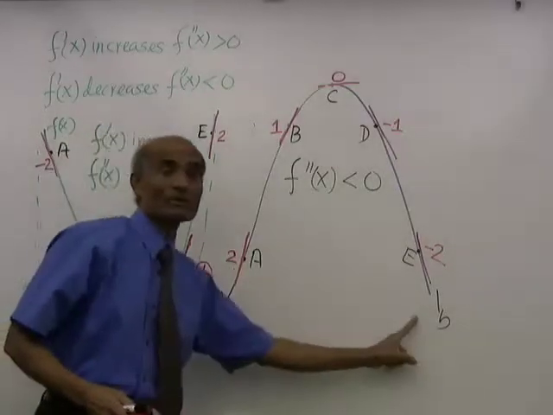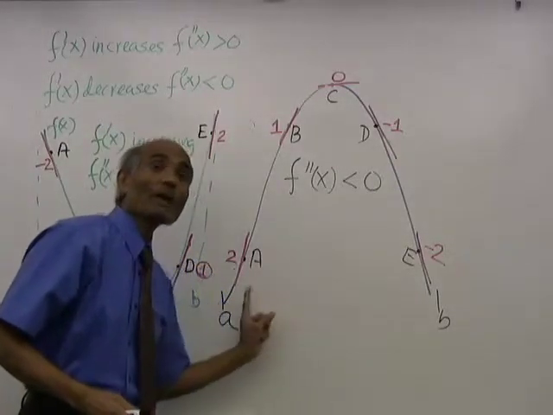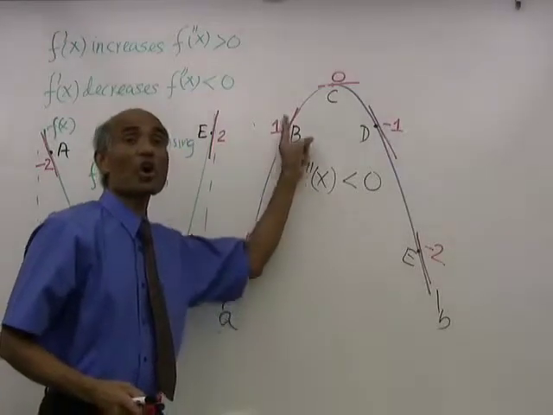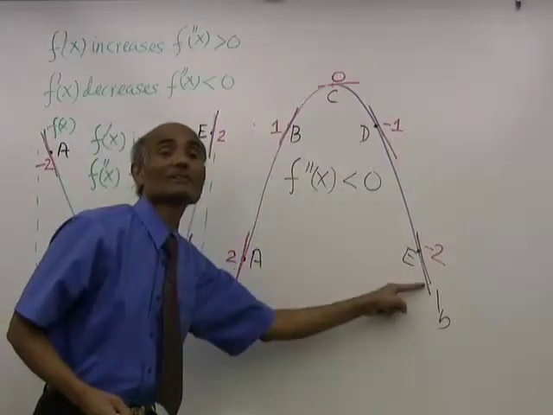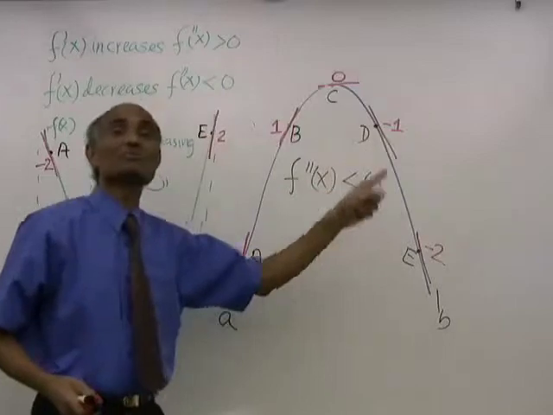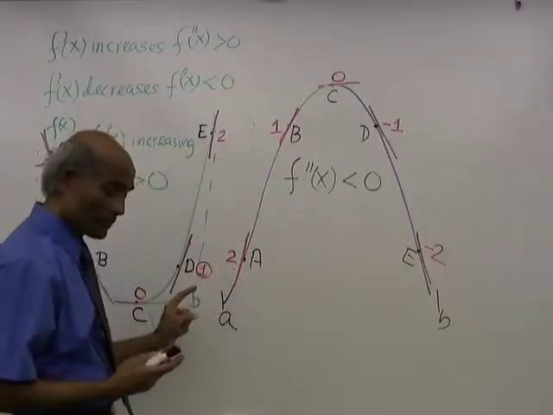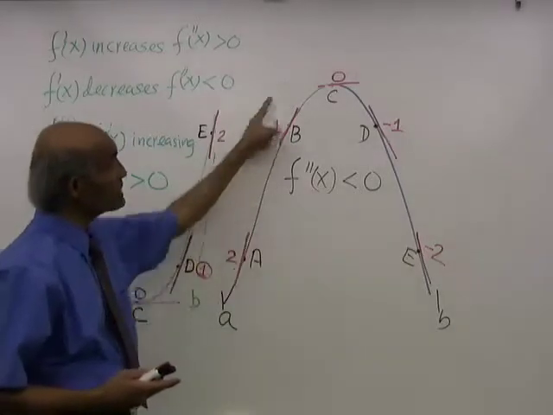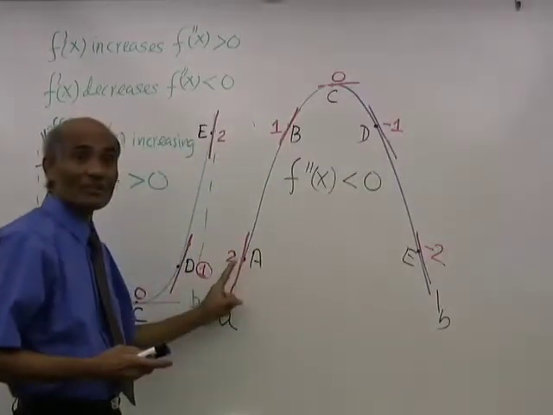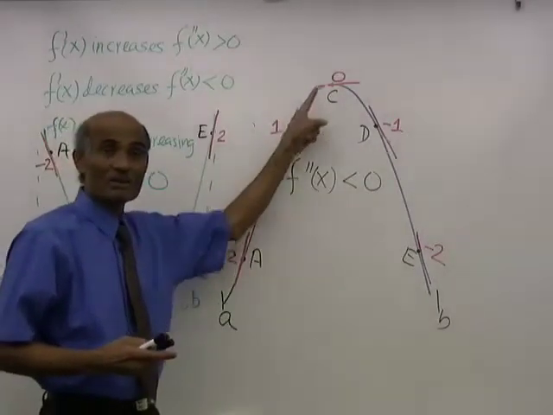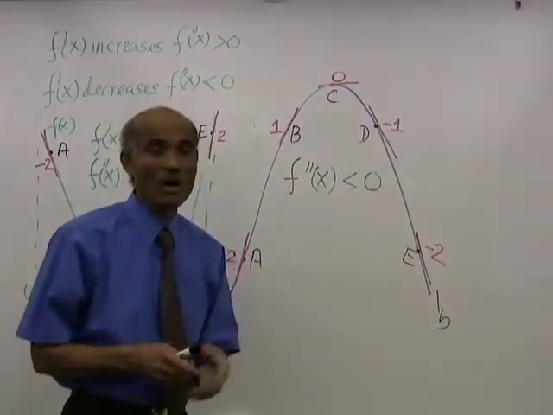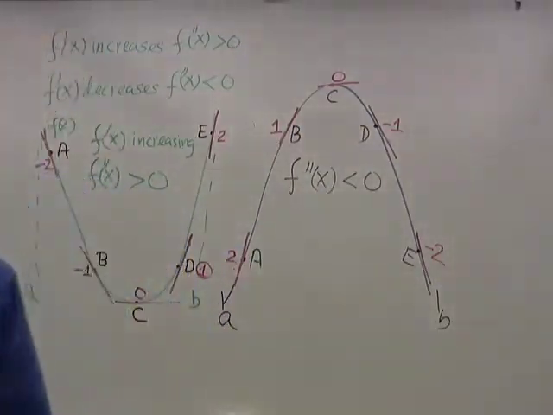On an interval where the function graph is concave down, the second derivative will be negative. Why? Because the first derivative will be decreasing, isn't it? From 2 to 1 to 0 to negative 1 to negative 2.